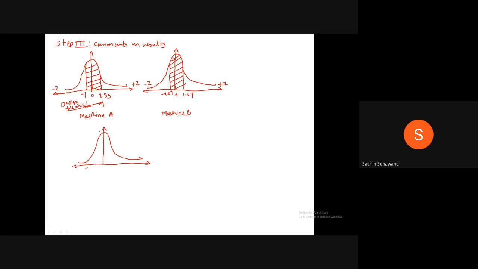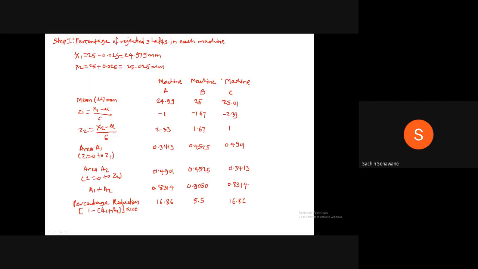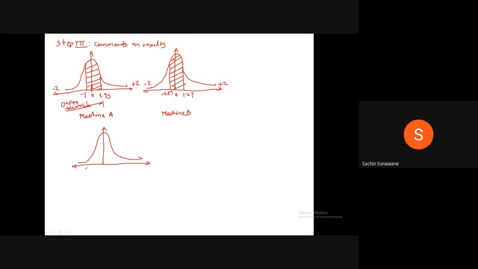Again, Z1 is equal to, for machine C, minus 2.33, Z2 is equal to 1. Therefore, suppose this is 1, this is 0, and here it is, sorry, minus 2.33.